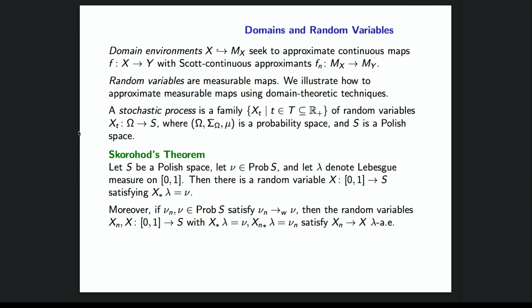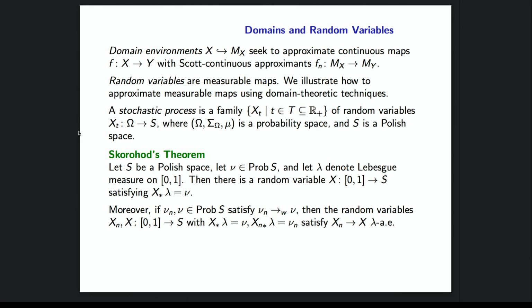Moreover, if you take a sequence of measures on S and a measure nu such that this sequence converges weakly to nu, then the random variables that you chose have the property that the push forward of lambda under X was nu and the X_n push forward of lambda was nu_n, then these X_n's will converge to X almost everywhere with respect to lambda.